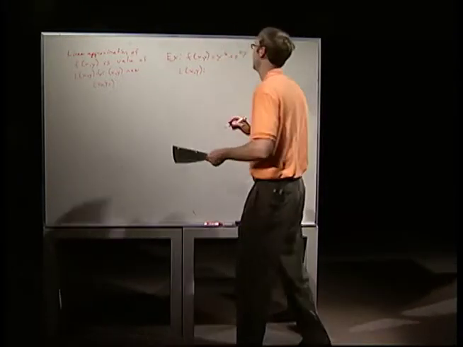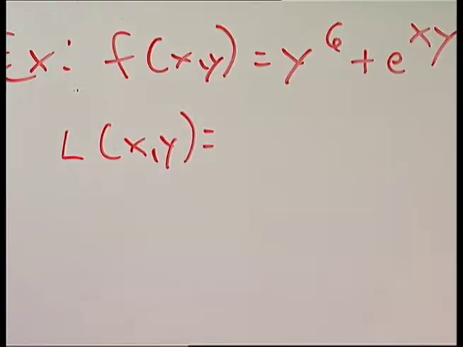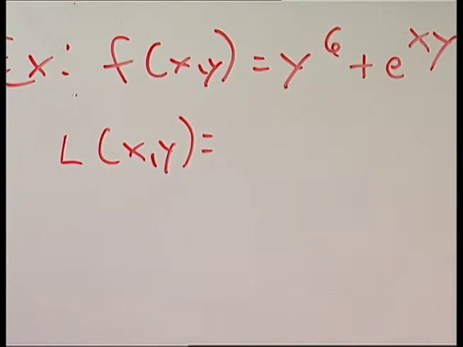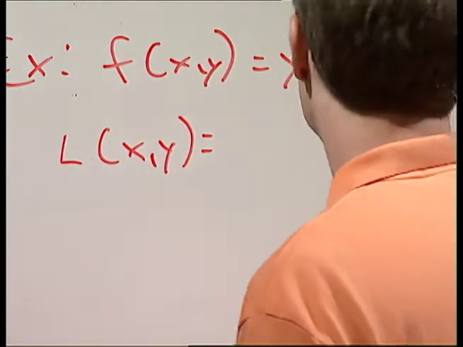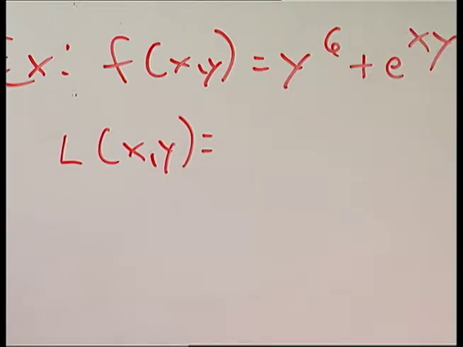Sometimes it's worthwhile to label this, since depending on the point you pick, the linearization will be different. You could label it L sub 1, 0, to show it's based on that point. When I plug 1, 0 into this function, I get e to the 0, which is 1.